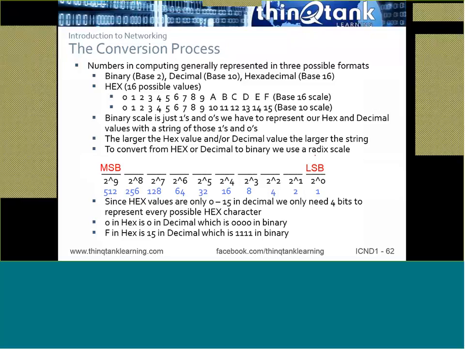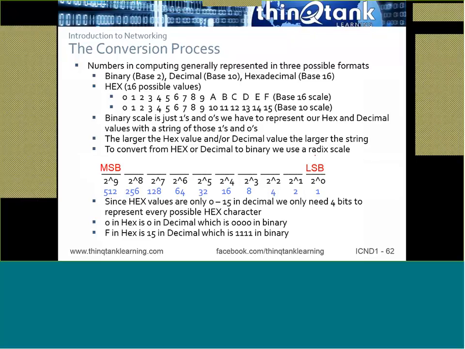Would I be able to write in binary 2048 using that scale? No, because I can't get above 1023. If I turned every one of those columns on, it would equal 1023. Little trick, guys.